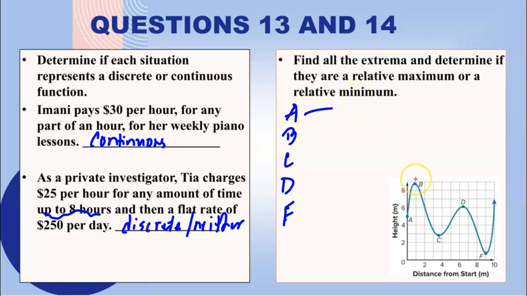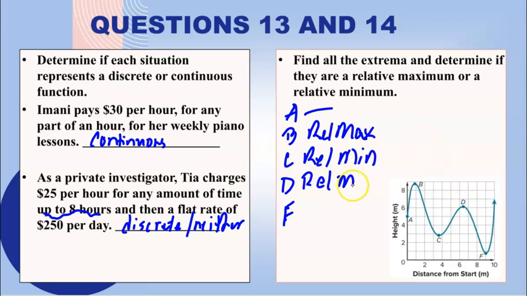B is top of a hill, so it's a high point, so this is a relative max. C is at the bottom of a hill, so a valley, so that would be relative minimum. D is at top of a hill, so that's a relative max. And F is at the bottom of a valley, so that would be a relative minimum.